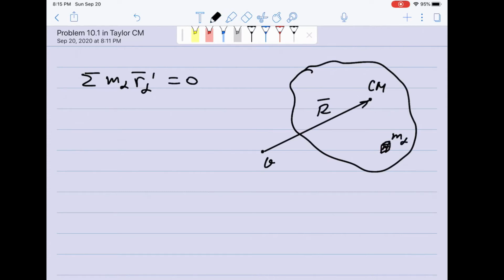We're considering just discrete elements of mass, not integrating anything at this point. The position vector of this mass element with respect to the origin is denoted as r sub alpha, and the position vector with respect to the center of mass is r prime sub alpha. So this is our setup.